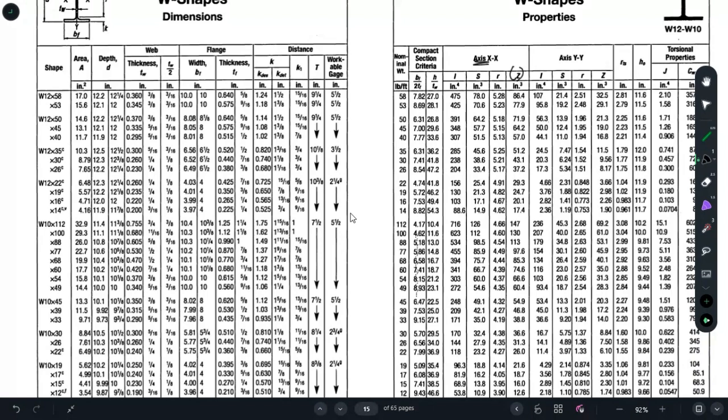For that, we can select this one, which is 29.3, since it is just above 27.8. You have a section of W12x22, and for that we need a few parameters: width of flange, which is 4.03 or 4, quite close, and thickness, which is 0.425. These two parameters we need to calculate further.